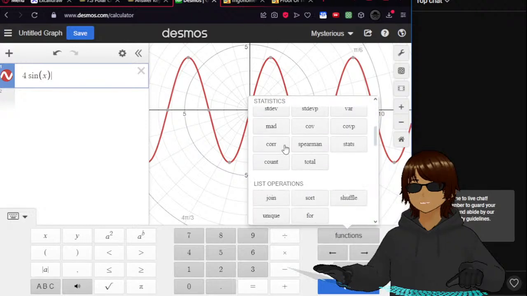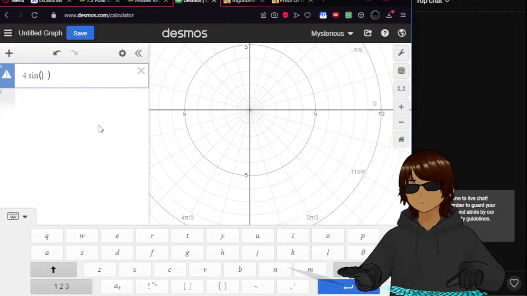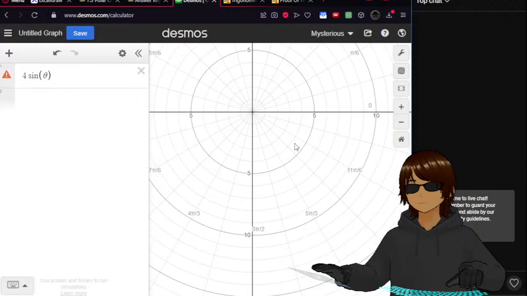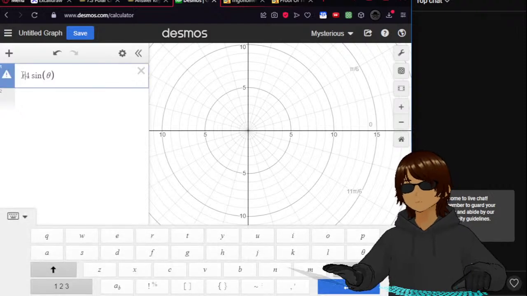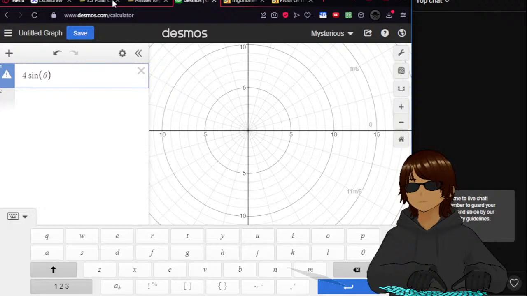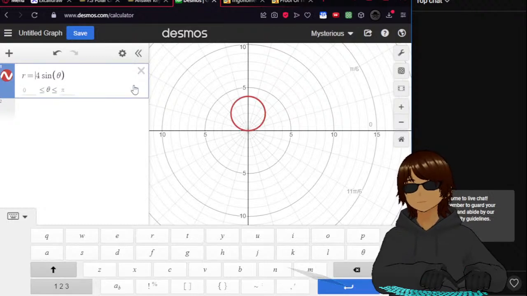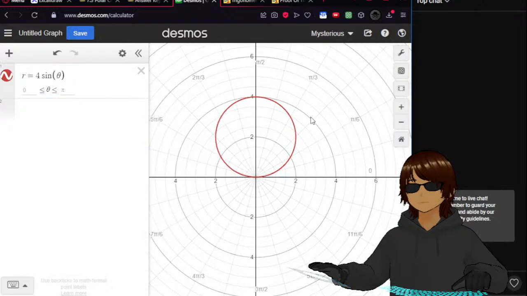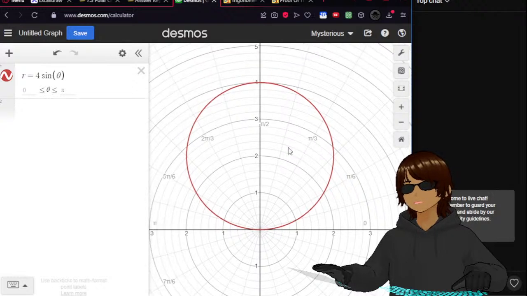Is there no theta? No. Hold on. R is the radius, right?